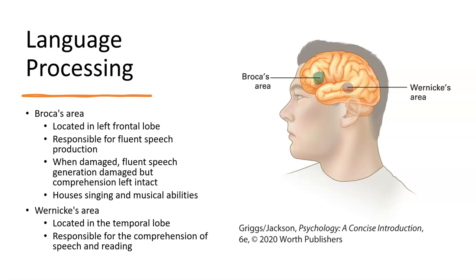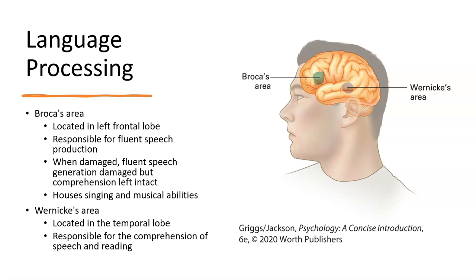Wernicke's area is in the left temporal lobe. It's responsible for making sense of speech and for reading. So you can see the difference here. If a person has a relatively isolated injury to Broca's area, it's going to affect the production of speech, but your ability to perceive and understand it will be unaffected.